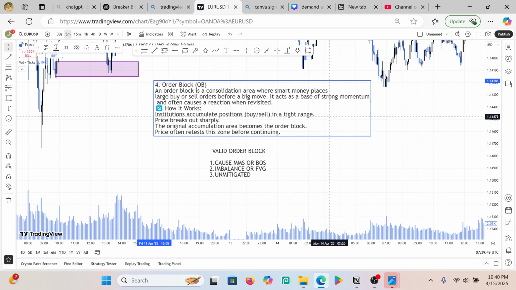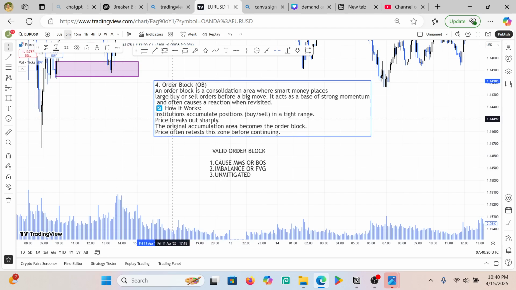The smart money places their orders in the order block, a buy order or a sell order. It acts as a base of strong momentum and often causes a reaction when revisited. Revisiting is like mitigating that order block. When it mitigates, a selling momentum or a buying momentum will occur on that area.